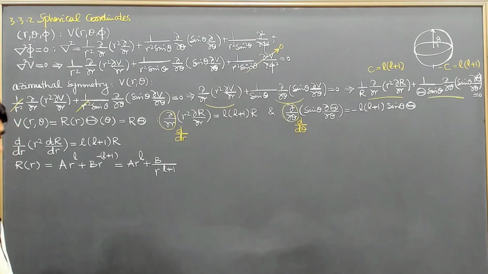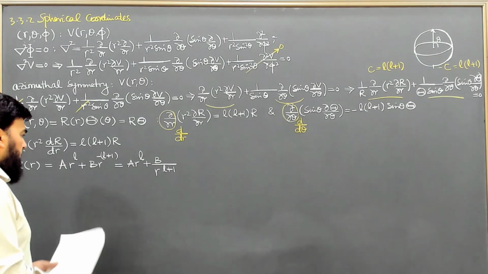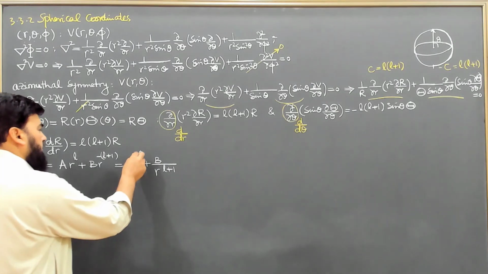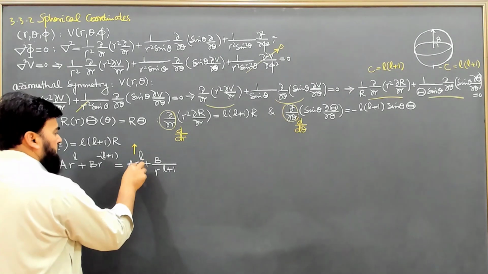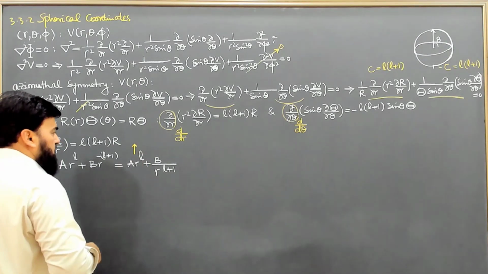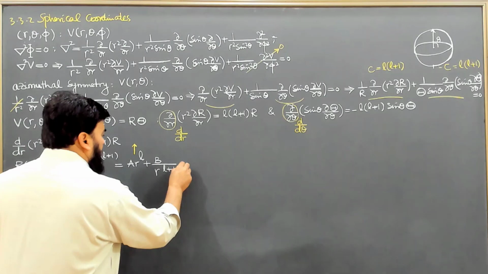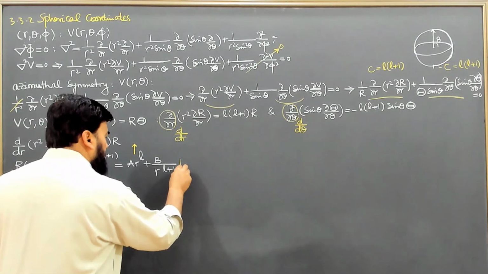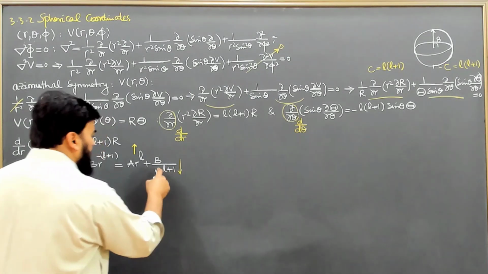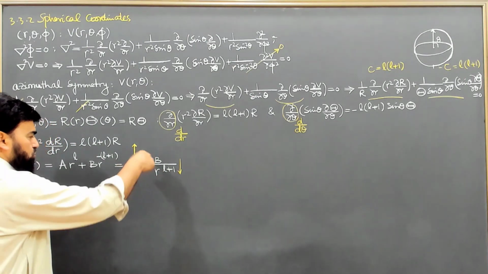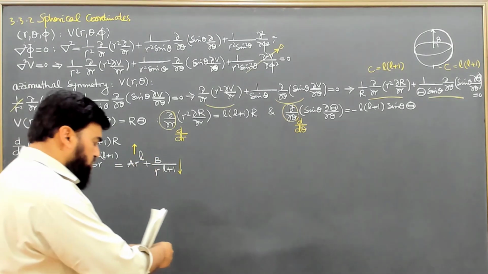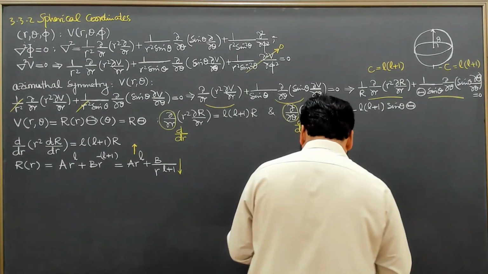Now if I look at this solution, this one is the growing solution, r to the power L. As L increases, r to the power L is blowing up, and the other is the going-to-zero solution, because as L increases, it is 1 over r to the power L plus 1, so it will go to 0 here.